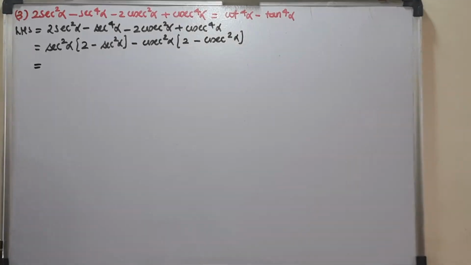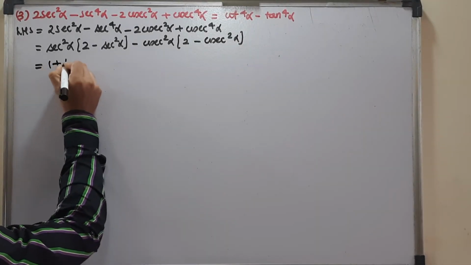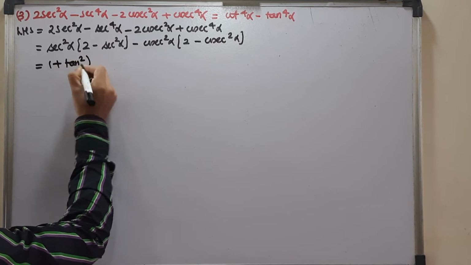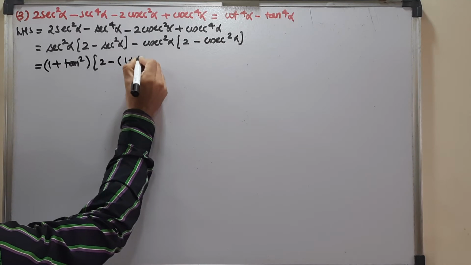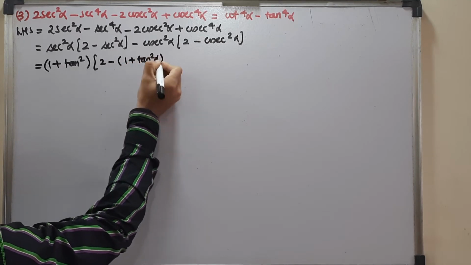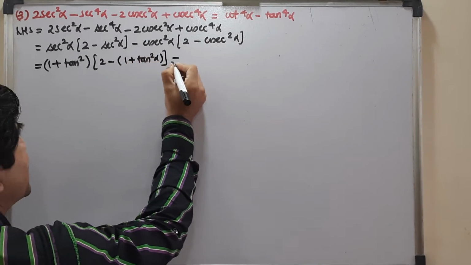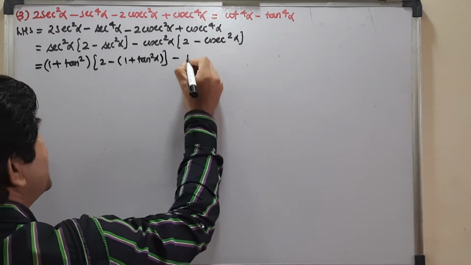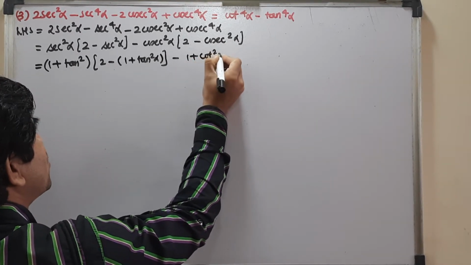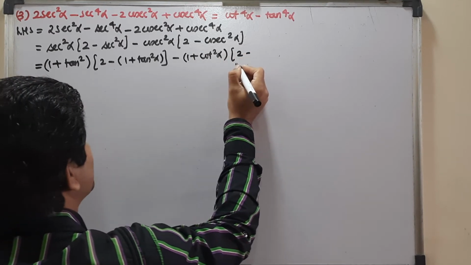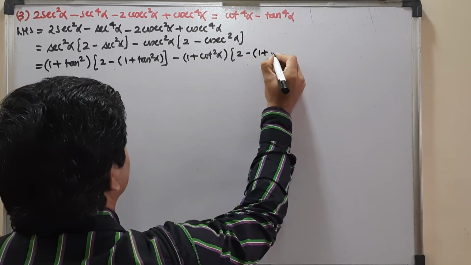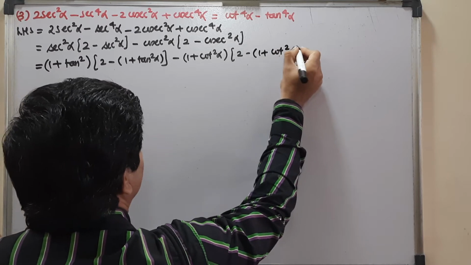So I will convert sec square alpha as 1 plus tan square alpha. Here also 2 minus 1 plus tan square alpha. Here cosec square alpha as 1 plus cot square alpha. And here 2 minus cosec square alpha as 1 plus cot square alpha.